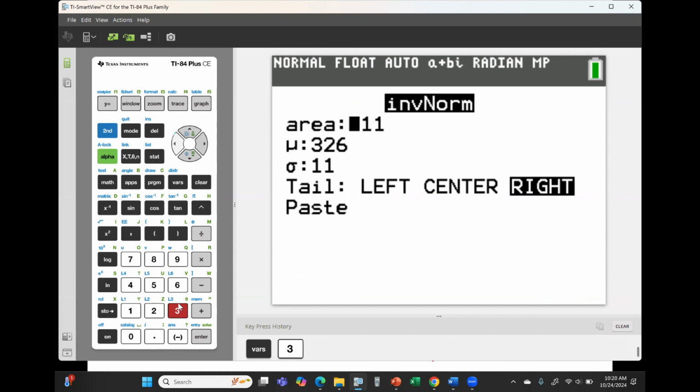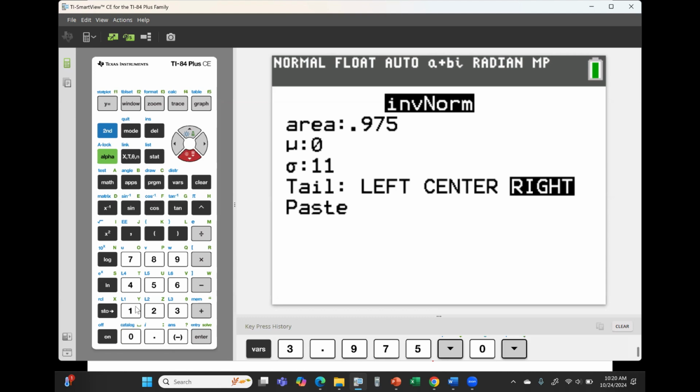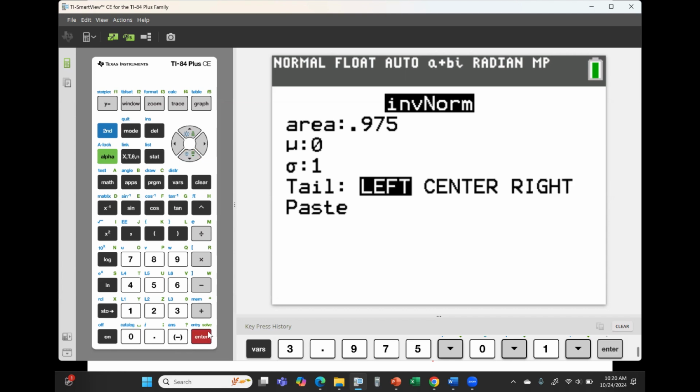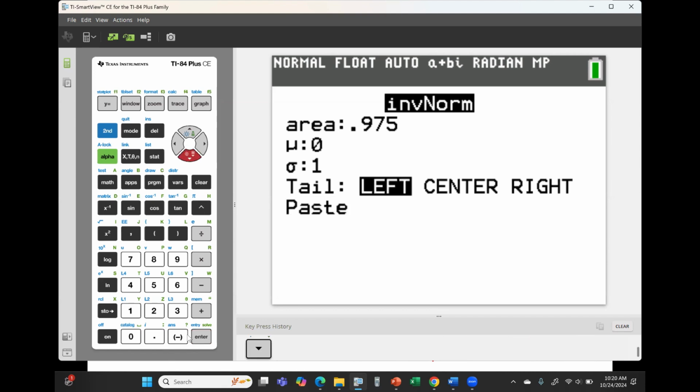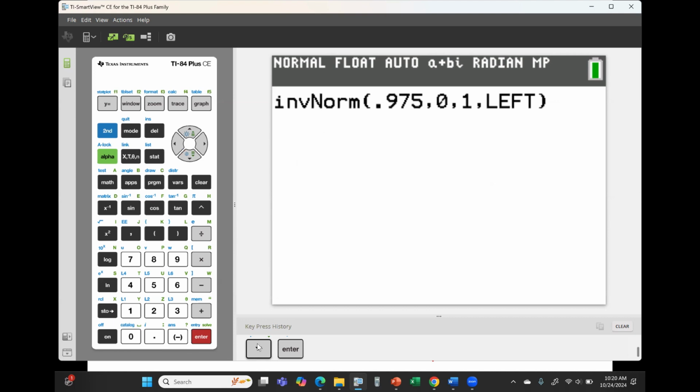The mean is 0, standard deviation of 1, because it's a standard normal distribution, and most calculators default to left. So go ahead and paste that back into the home screen, and we get 1.96.